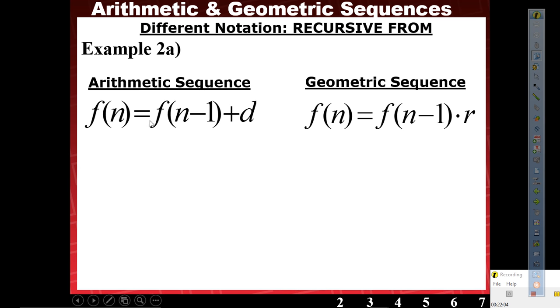Tell your neighbor what is the only difference from this one to this one. Let's see, Danae, can you elaborate on that? Which is the difference from one to the other? Arithmetic is adding D, which is called the what?